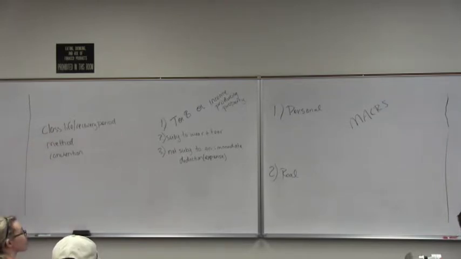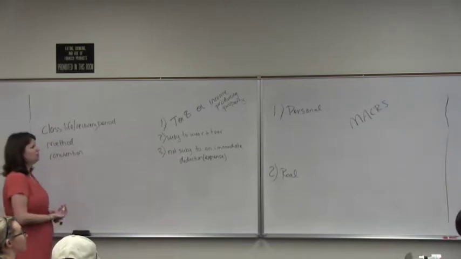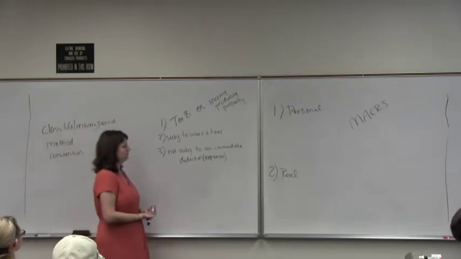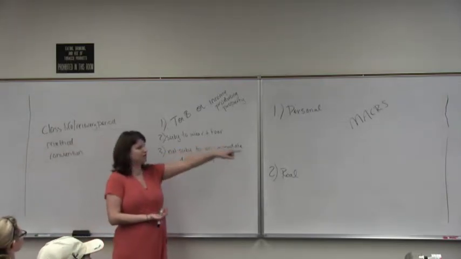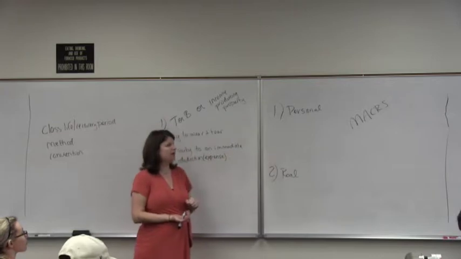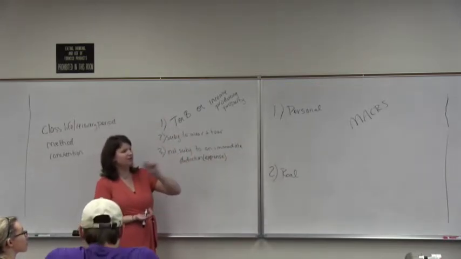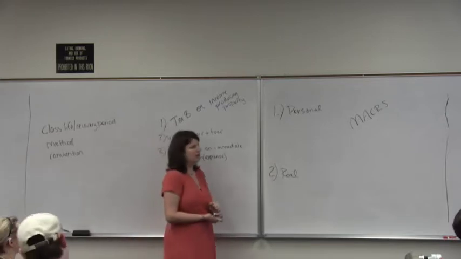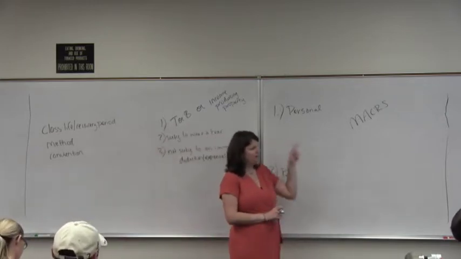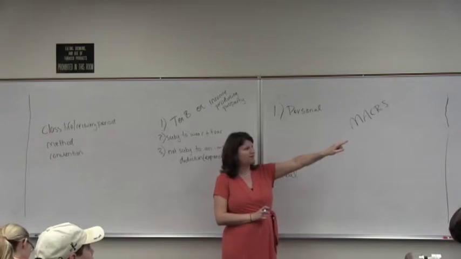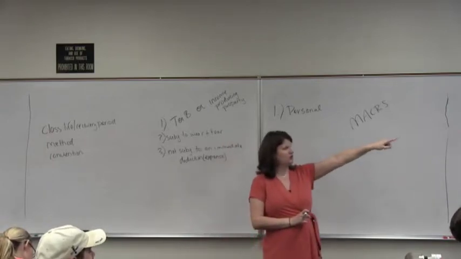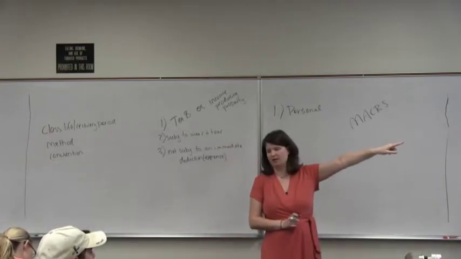So if you're talking about personal property, okay, if you look up here on slide 10, personal property can either have a class life of 3, 5, 7, 10, 15, or 20 years. If you're looking at a property that has a class life of 3, 5, 7, or 10 years, it has a 200% declining balance method.